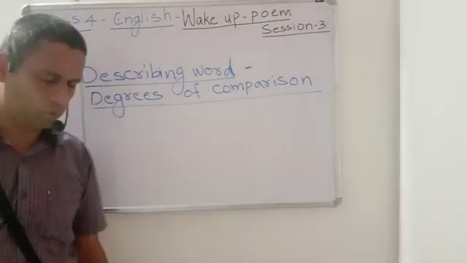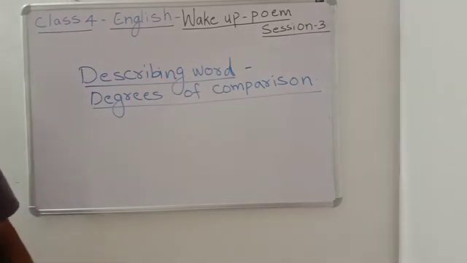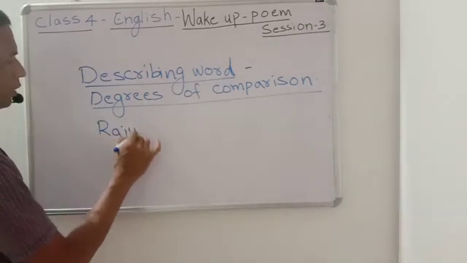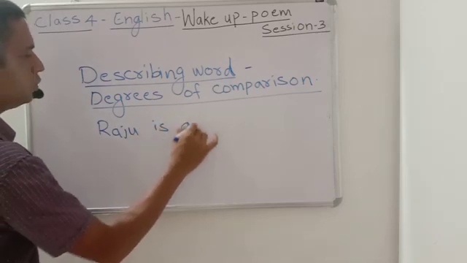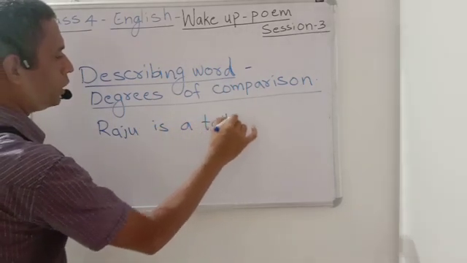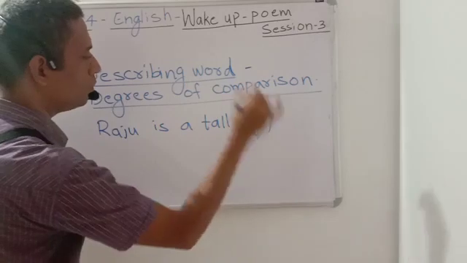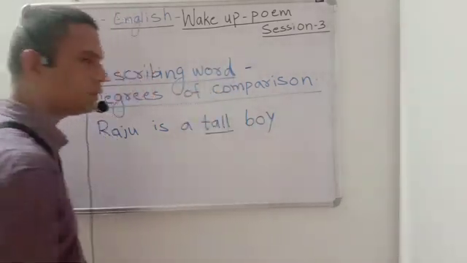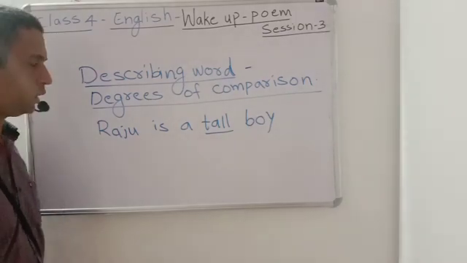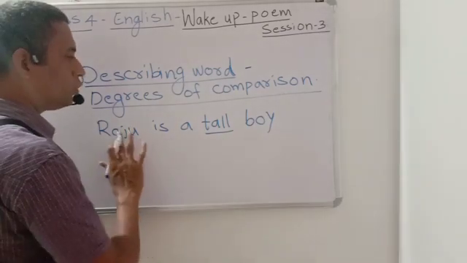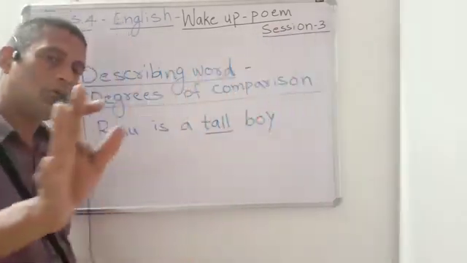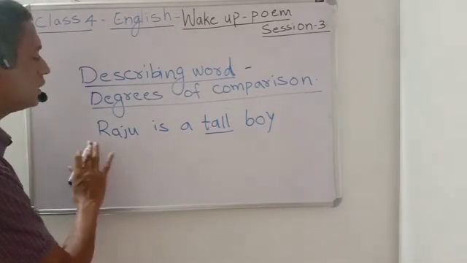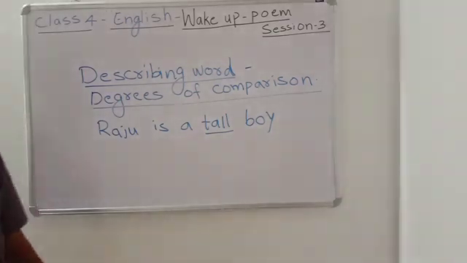I will tell you one example. Raju is a tall boy. You know, tall is a describing word. Raju is not compared with anyone. And the sentence goes like this.